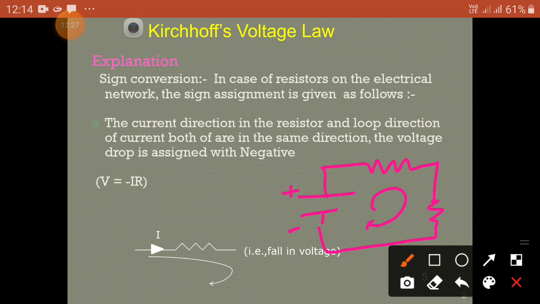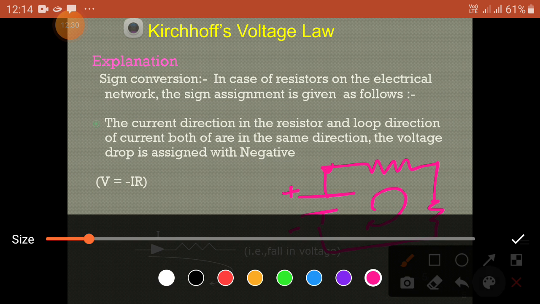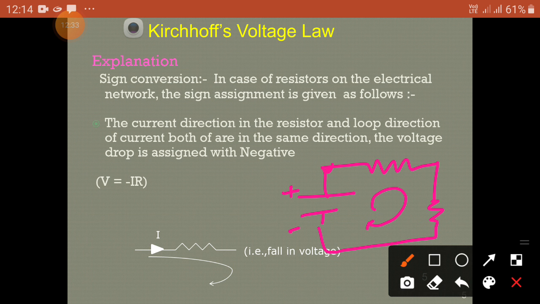Let us take another color: this is A, this is B, this is C, this is D. Now I am considering AB, BC, CD and DA in a closed loop. Here the voltage source is this one, and the drops are R1 and R2. Now I am considering the loop from A, B, C, D, this direction.